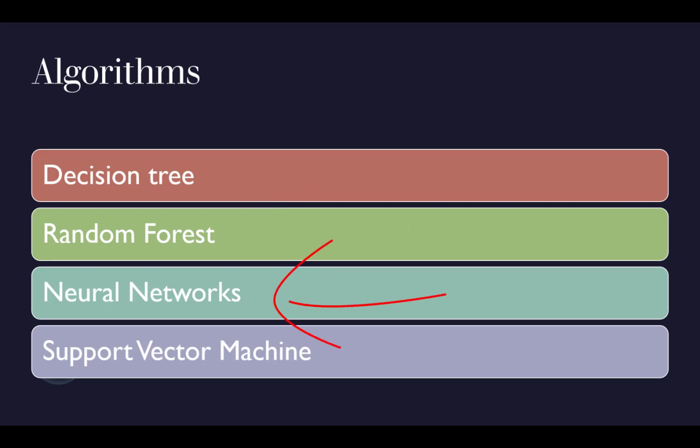Second to last algorithm I want to cover today is neural networks. And it's not just one algorithm. There are so many different types of neural networks that you can use for all kinds of tasks, including classification. A neural network consists of neurons that are arranged in layers. They take some input vector and convert it into an output.